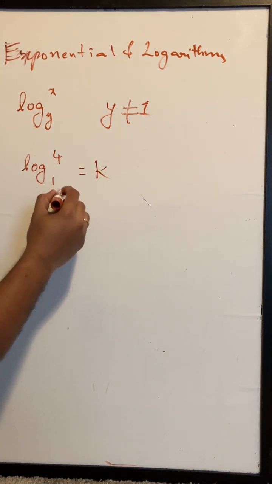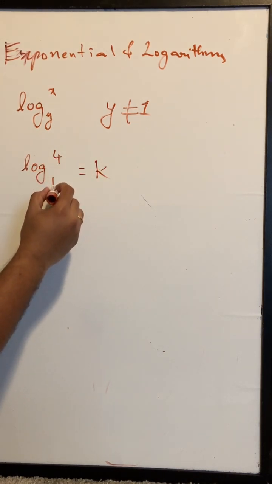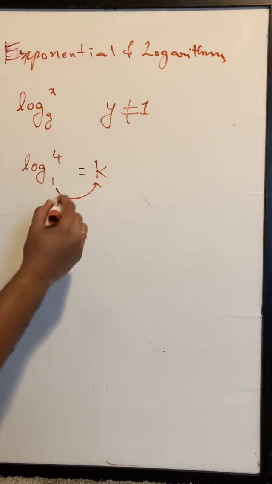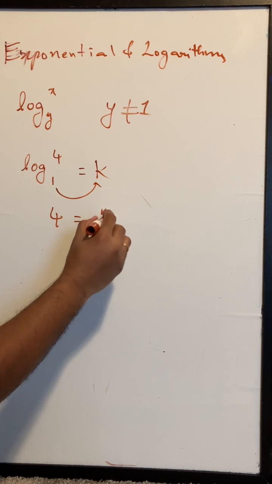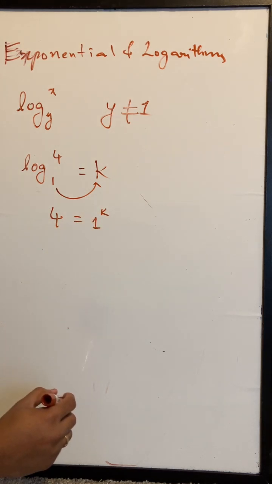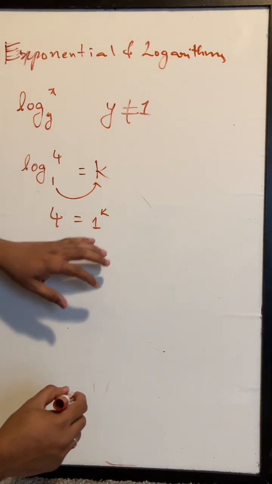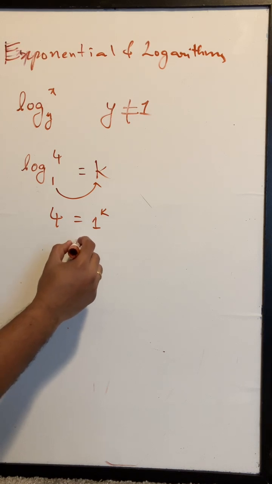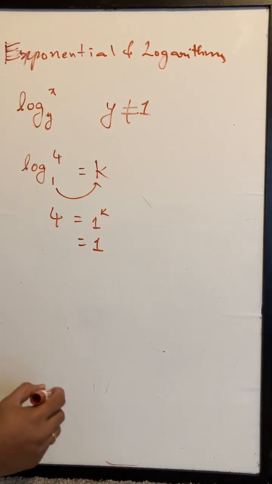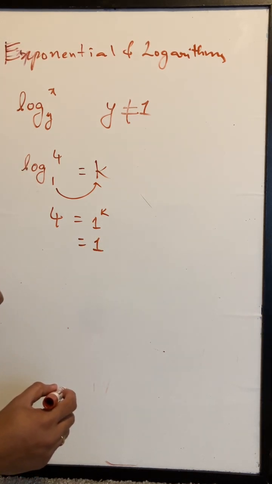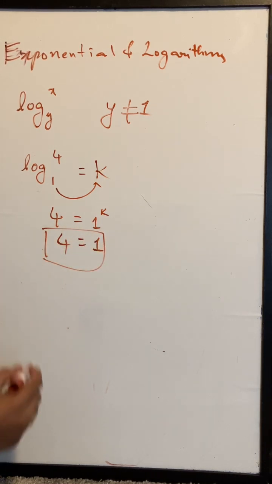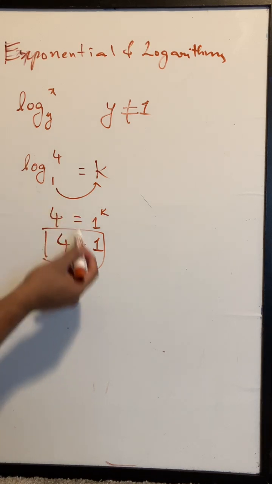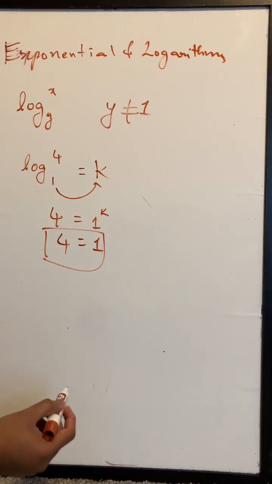Then we can write 4 equal to 1 to the power of k. What is 1 to the power of k? It is 1. Does that mean 4 equal to 1? That's what we proved, 4 equal to 1, and that is wrong.